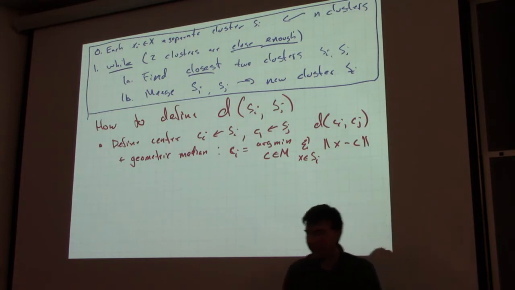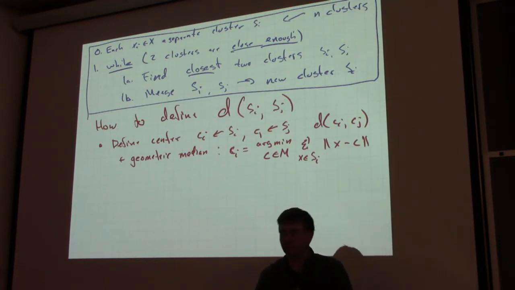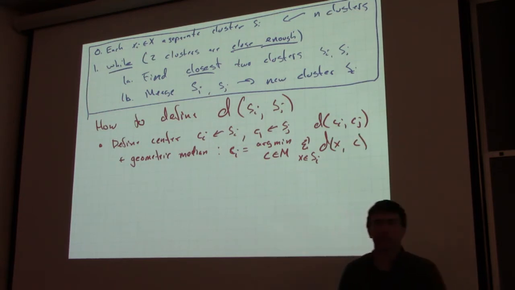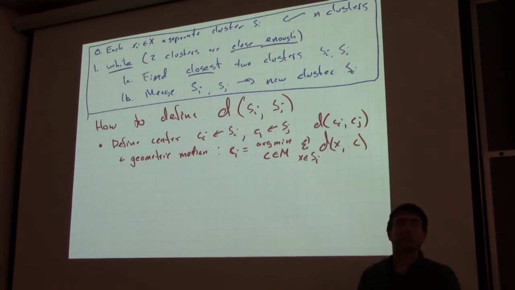This is known as, sorry, I wrote Euclidean distance here, but let's just say the distance, generically, the distance between x and C, right? So this is known as the geometric median, and it has a lot of nice properties. It's very stable and it's robust to outliers.